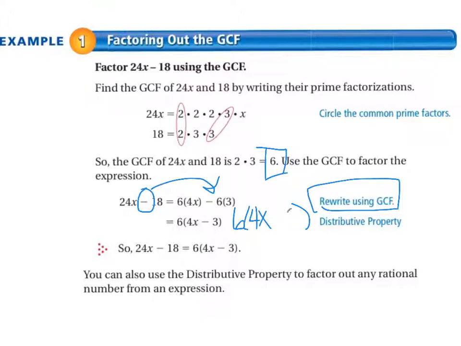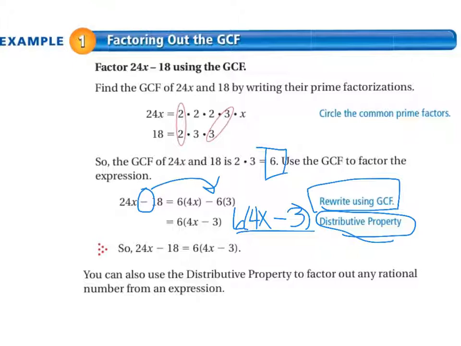Well, I know that that's a 3. And there is a subtraction sign in between the two, so I put that in between the two. So it saves you a step, and it's still using the distributive property, and it gets you to the right answer. So 24x minus 18 equals 6 times (4x minus 3).